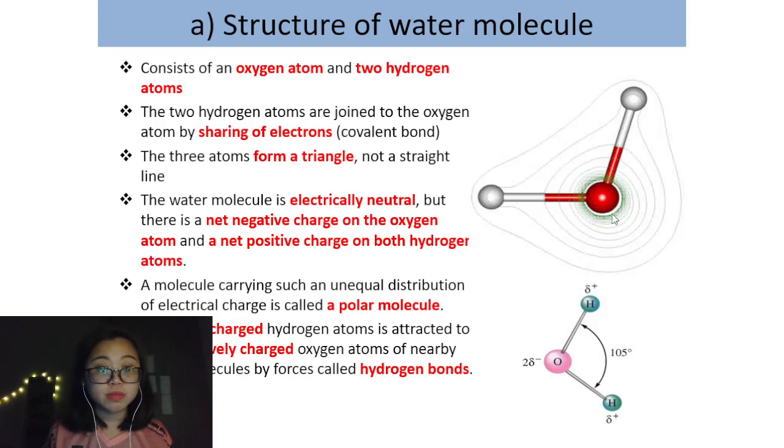So when we draw it, it must look like a V. Water molecule is electrically neutral, but there is a net negative charge on the oxygen atom and net positive charge on both hydrogen atoms. This is what I said earlier, slight negative at oxygen, slight positive at the hydrogen. When it is like this, with parts that are more positive and parts that are more negative, it is called a polar molecule. So water is one of those polar molecules.